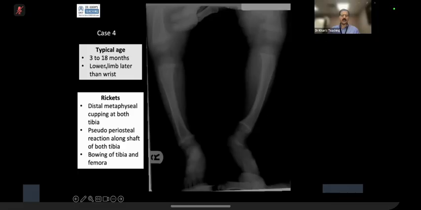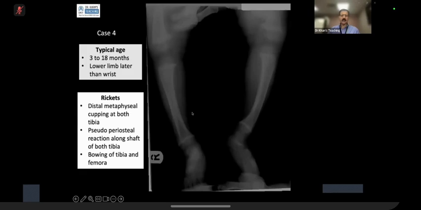Then when the toddler or child starts walking, in the knee joints, etc. Basically, you are looking at distal metaphyseal cupping. And what is this? Pseudo-periosteal reaction along the shaft of both tibia, and there can be bowing of tibia and femur. What is pseudo-periosteal reaction? Please remember, you will not see it in each and every case. But in some cases, you can see it. Look here, you can see this periosteal reaction, and maybe here also.